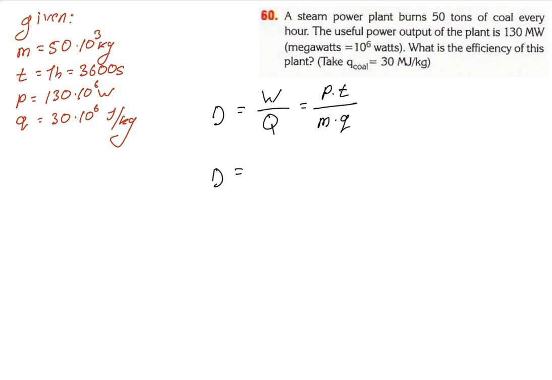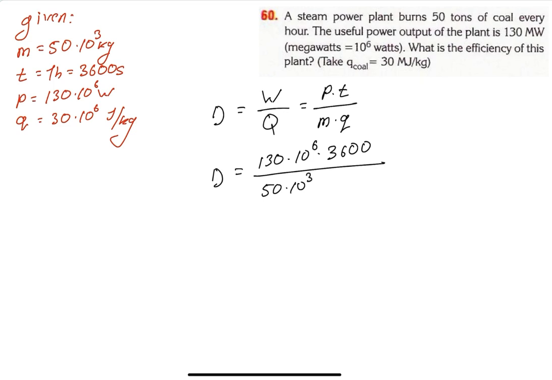So the efficiency is equal to power, which is given, 130 times 10 to the power of 6 times the time, 3600, over the mass, 50 times 10 to the power of 3, times Q, which is 30 times 10 to the power of 6.